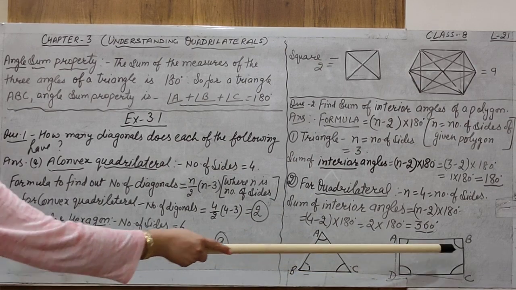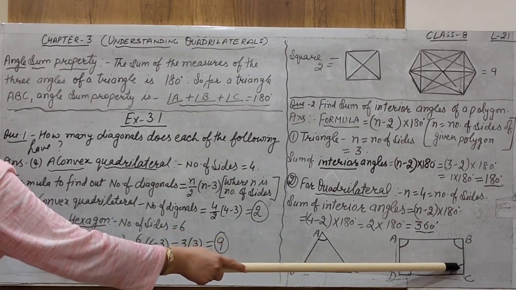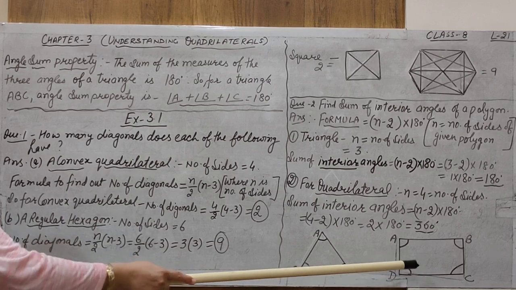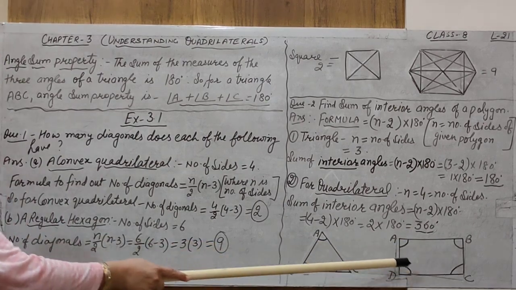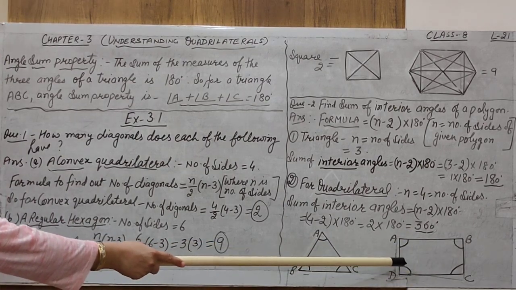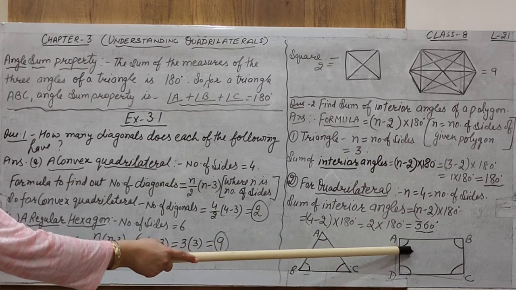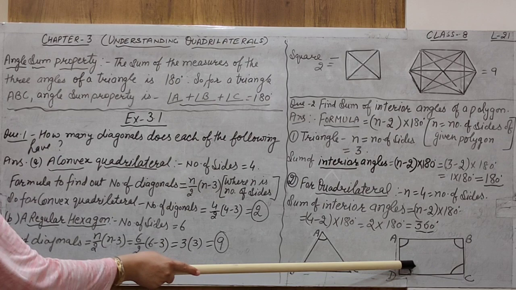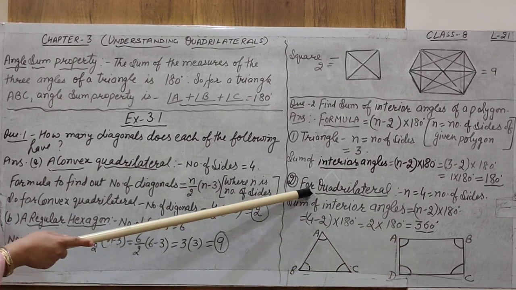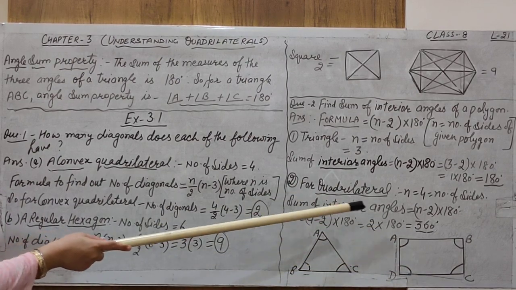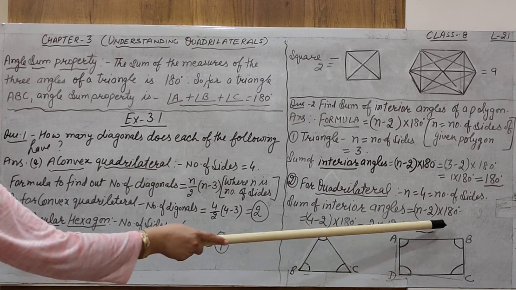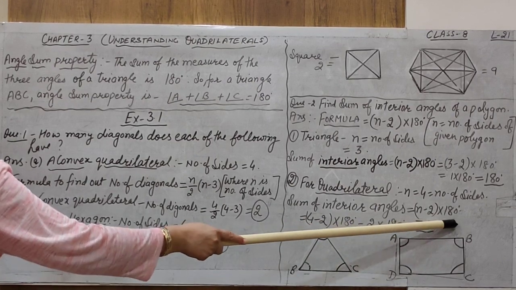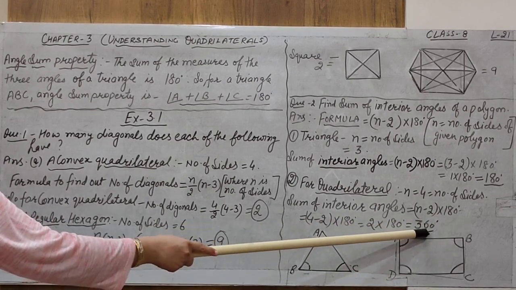Angle A plus angle B plus angle C plus angle D. The sum of all the interior angles we can find out directly without calculating separately. The angles are not given. Directly we can find out for all the quadrilaterals, the sum of all the interior angles is equal to n minus 2 into 180, that is 360 degree.